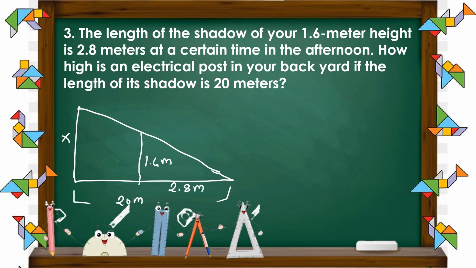So you're just going to use again your ratio. To solve that one, you're going to have x over 1.6 is equal to 20 over 2.8. So you're just going to use your calculator, cross multiply, then solve for the value of x. Okay, let's proceed to number 4.